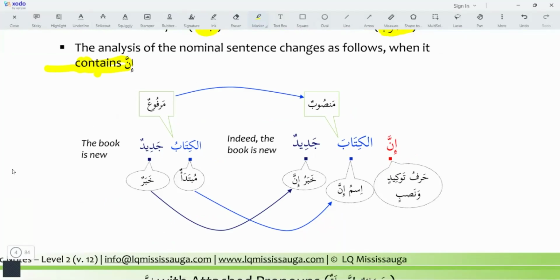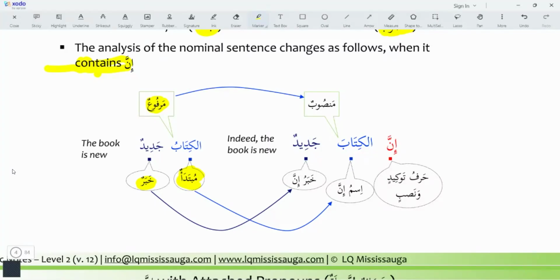Just now we have learned al-kitabu jadidun, the book is new. Al-kitabu is mubtada. Jadidun is khabar. Al-kitabu is marfu because it is mubtada, so mubtada is always marfu. And jadidun is also marfu because it is khabar.